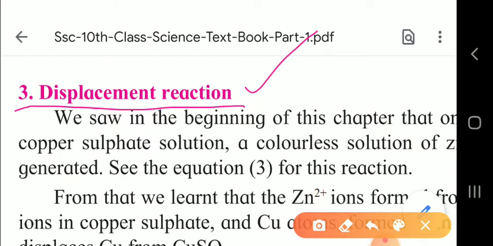So children, in the beginning of this chapter we saw one equation: zinc dust is added to blue colored copper sulfate solution, and a colorless solution of zinc sulfate will be formed. As well, heat will be generated.